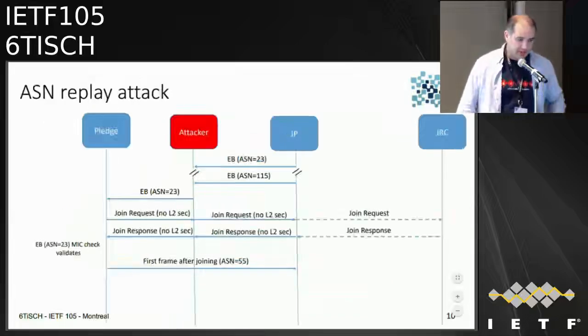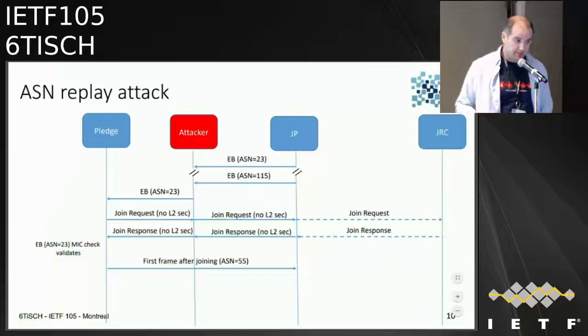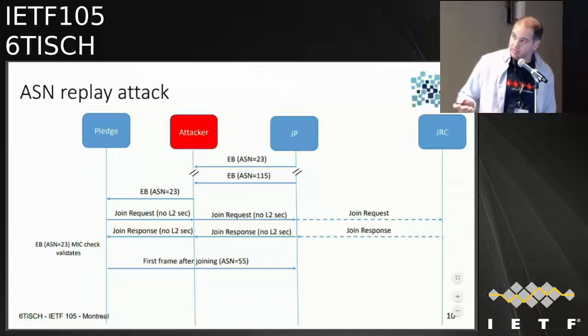So now, to explain how the attack works, we assume the attacker is placed as a man in the middle between the join proxy and the pledge. It listens for some time and stores the legitimate enhanced beacons that were exchanged in the network, and replays them at a later time to the pledge.